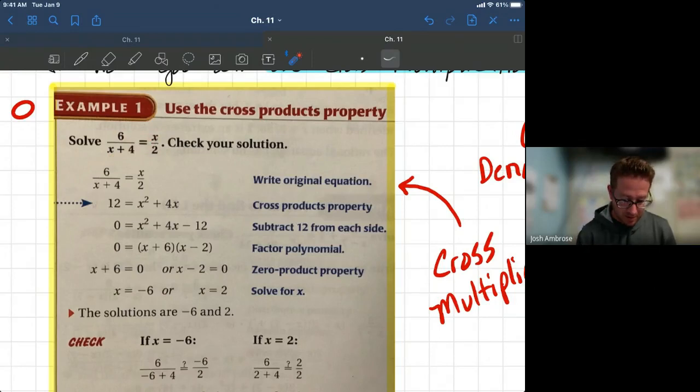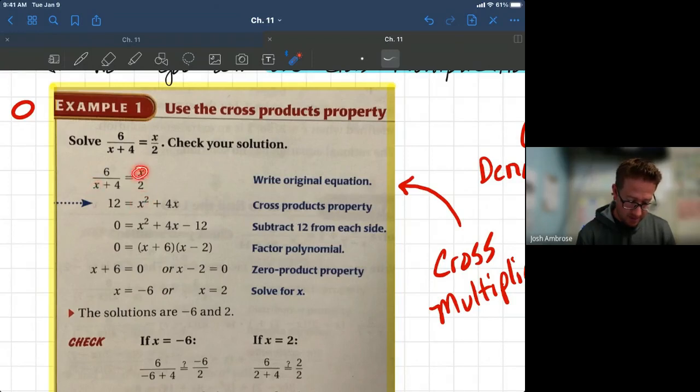So that would mean 6 and 2. That is what gives us the 12 right here. Then you have cross multiplication this way, but notice you have a whole expression here, x plus 4. This x needs to be multiplied into this expression, meaning x multiplied by x, giving you x squared.